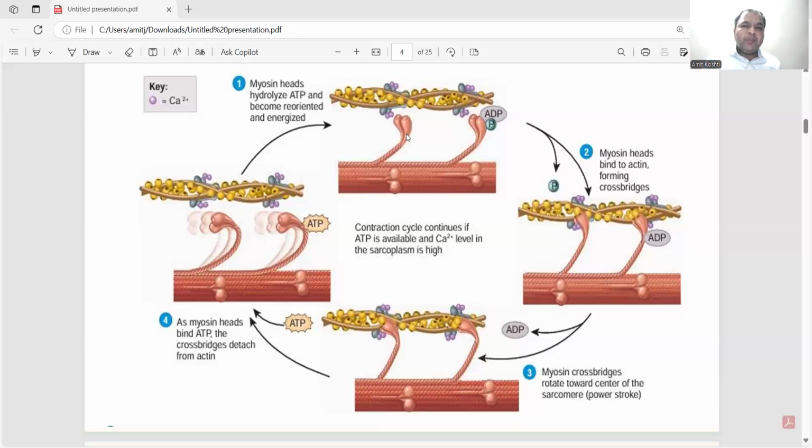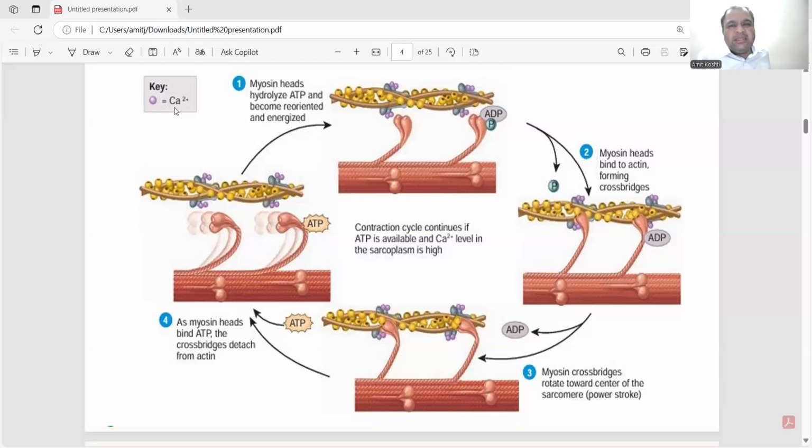So how do they start? First of all, calcium. When the muscle is given a signal from the nerves to contract, calcium ions get released from the sarcoplasmic reticulum.